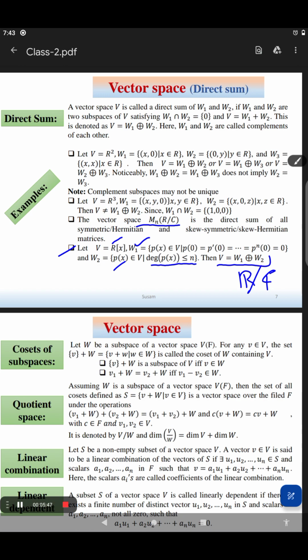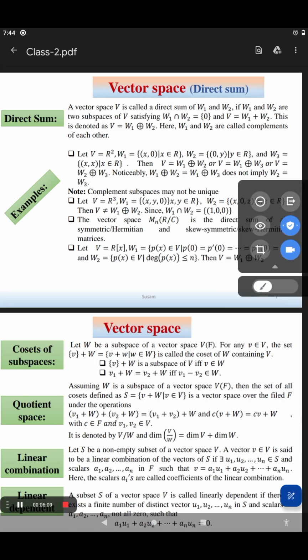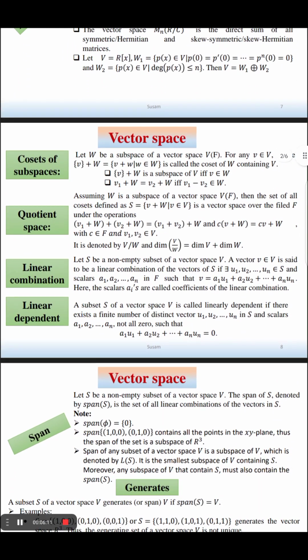Then we can represent the set of all polynomials, that is R[x], like this. Here R[x] is basically your P(F). V can be written as W1 ⊕ W2. So direct sum, now you know.